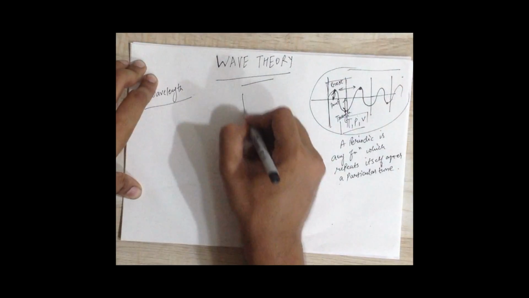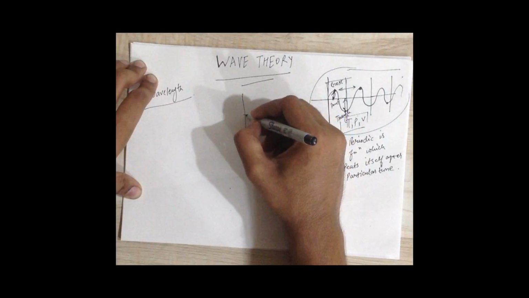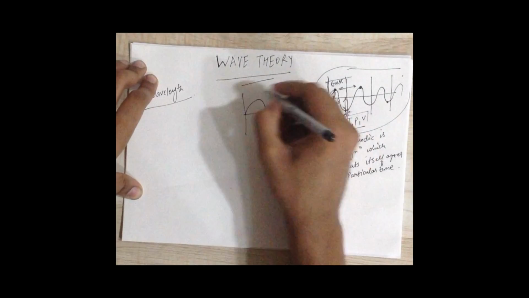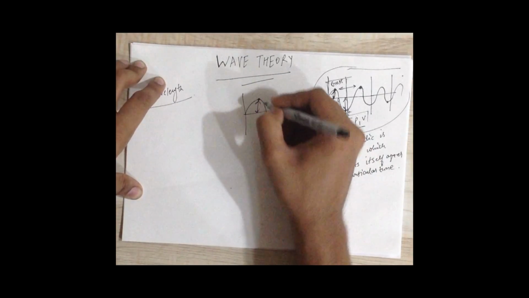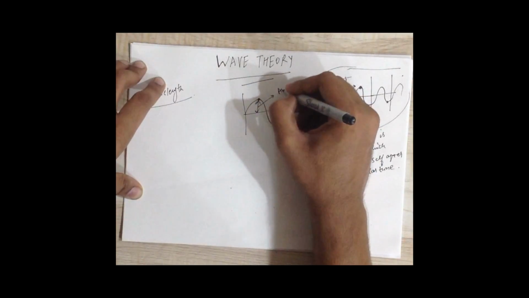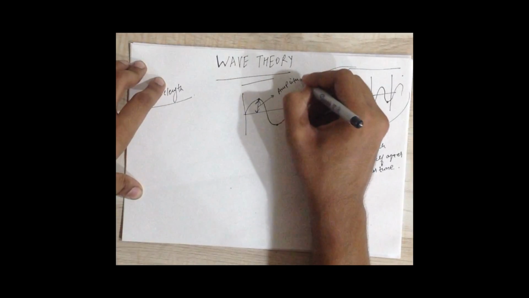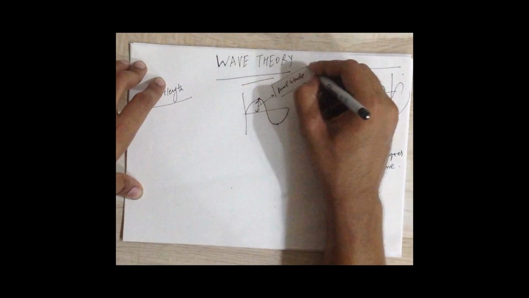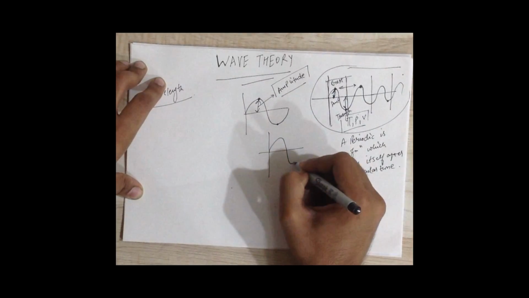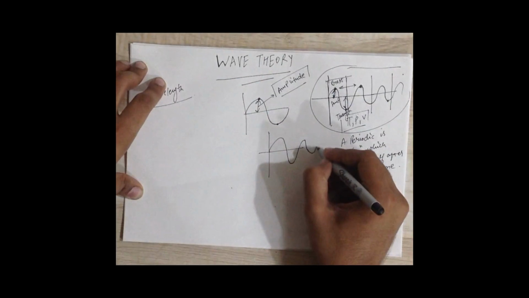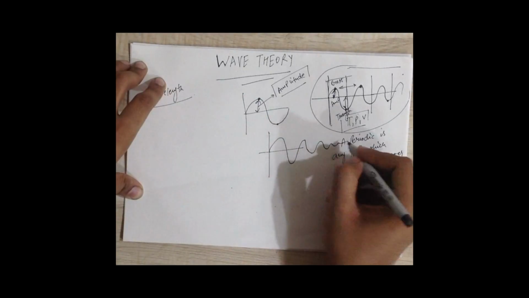I draw it again. If this is a wave and this is the crest and this is the trough, this distance is known as the amplitude of the wave. In actual condition, the wave propagates like this: first it has a very large amplitude, then the amplitude goes on decreasing.